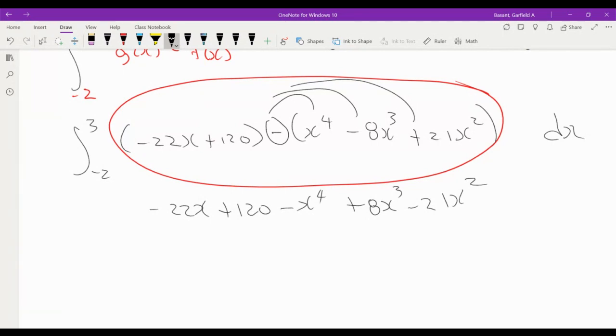And we're going to combine the like terms, which is nothing. I'm just going to put it in descending order: negative x to the fourth plus 8x to the third minus 21x squared minus 22x plus 120. And we're going to go back and take the integral from -2 to 3.